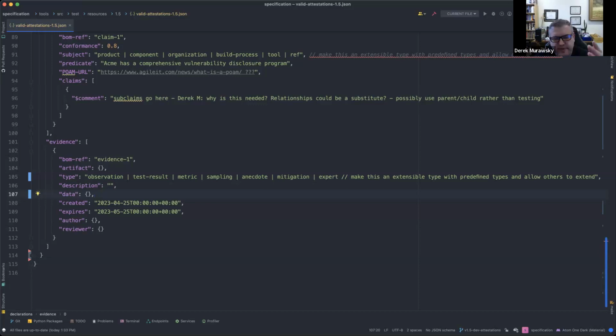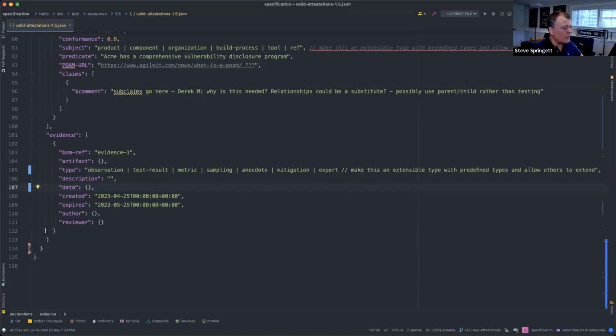Question on the reviewer piece under the evidence: is that something where we would want to support just the name in an email ref format, or might we want an optional signature field in there? That's a good point. For author and reviewer, you don't know if this is going to be an entity, like an organization, or an individual.